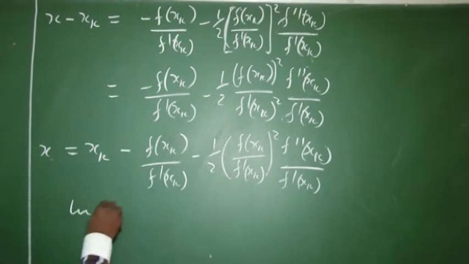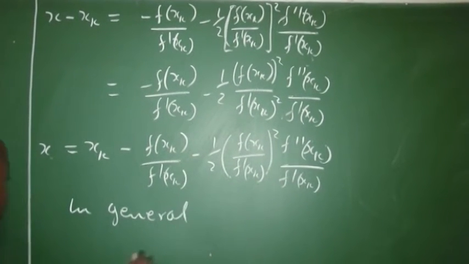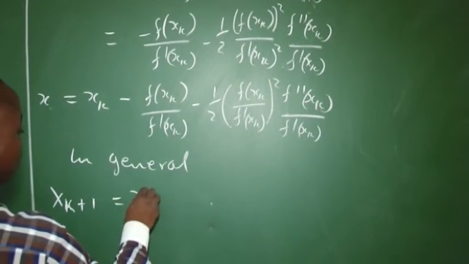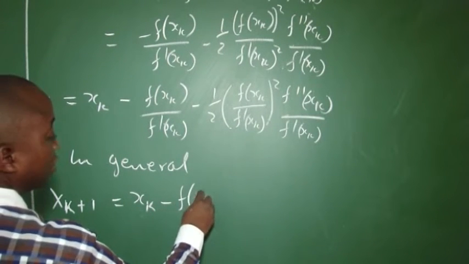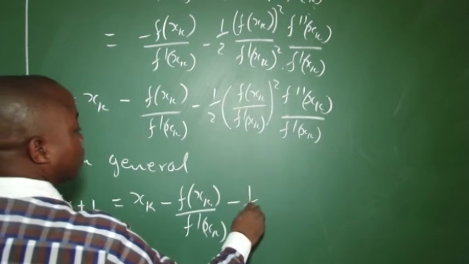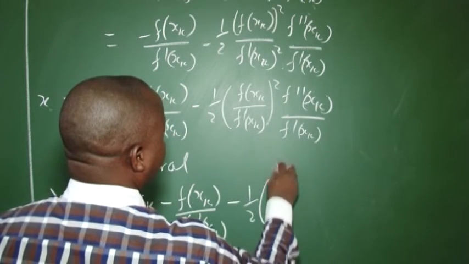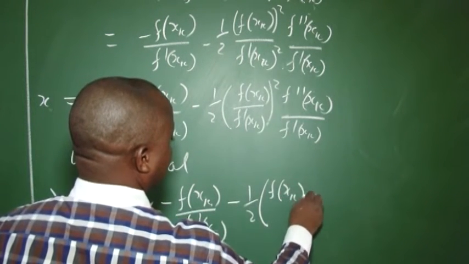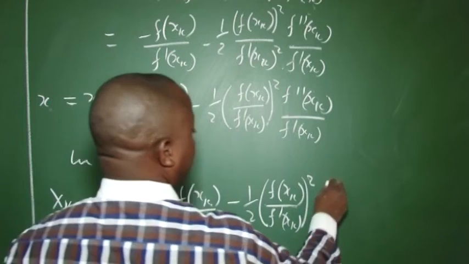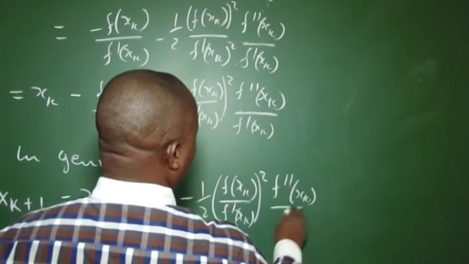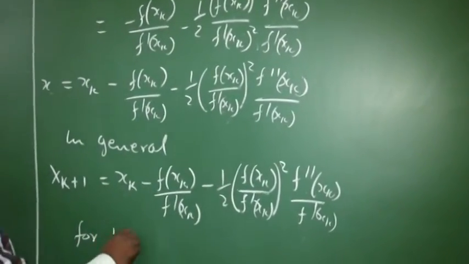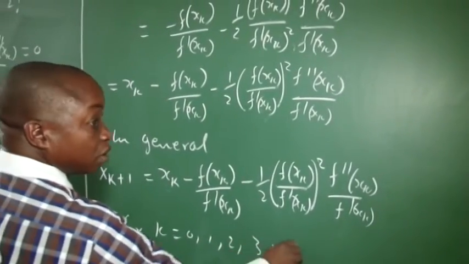So in general, sk plus 1 will be equal to sk minus f of sk over f prime of sk minus 1 over 2 f of sk square over f prime of sk, then f prime prime of sk over f prime of sk, for k equals 0, 1, 2, and so on.